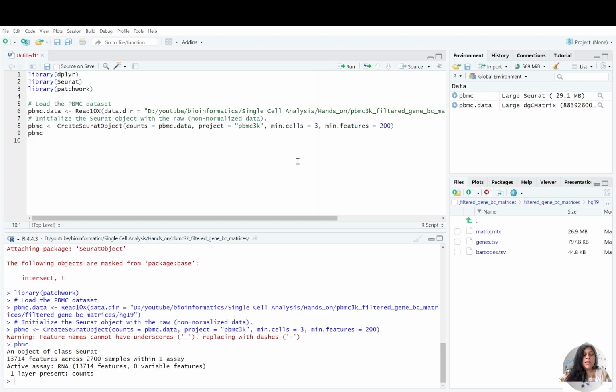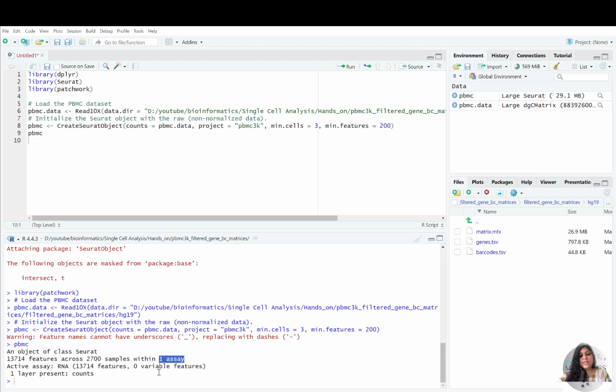Then here we can visualize this. When we run PBMC, you see it is an object of class Seurat. It has 13,714 genes, right? Features are nothing but genes, across 2,700 samples, and samples are nothing but cells. Now, there's only one assay. Why one assay?